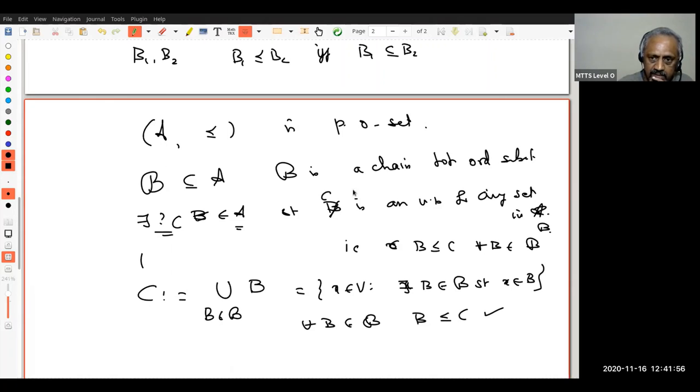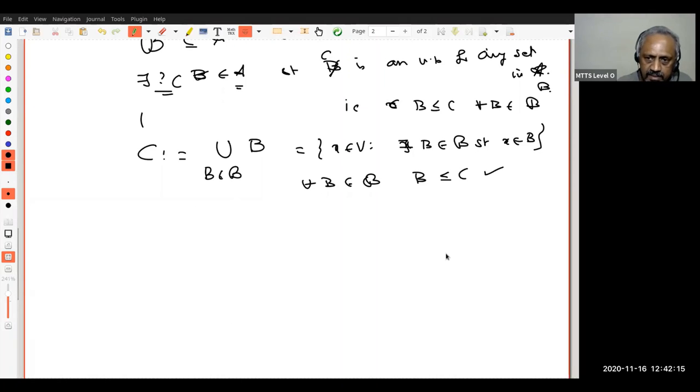You understand that? I want to apply Zorn's lemma to script A, the partially ordered set. That means give me any chain B, I have to find a C in script A so that C is an upper bound of B. You follow that? So I have to check whether C belongs to script A. To check that C belongs to script A, what is the first step?